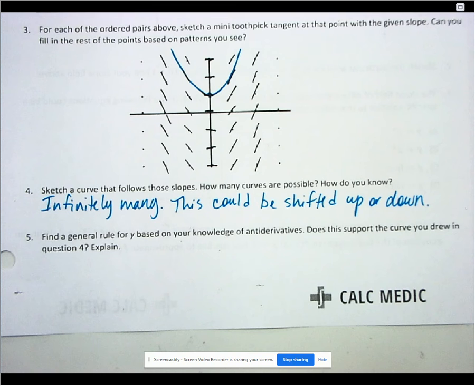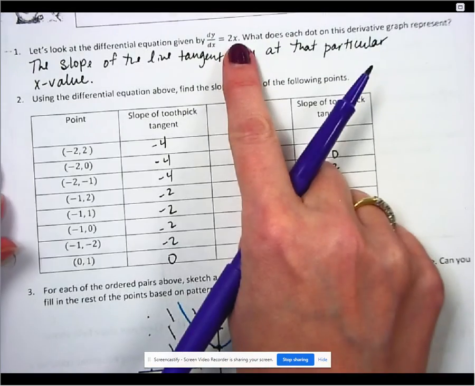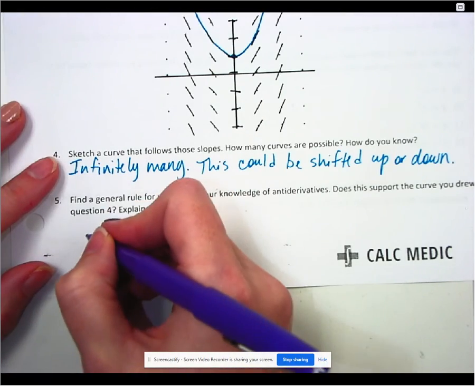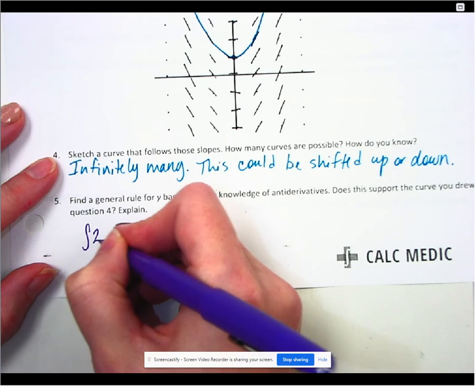All right. So for 5, we're going to find the general rule for y based on your knowledge of antiderivatives. Does this support the curve that you drew in question 4? So this is a differential equation. I want to figure out what function has that derivative. I'm going to find the integral of it.